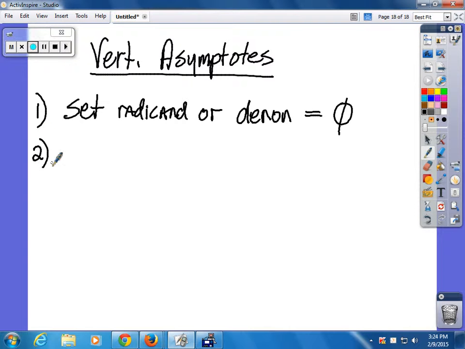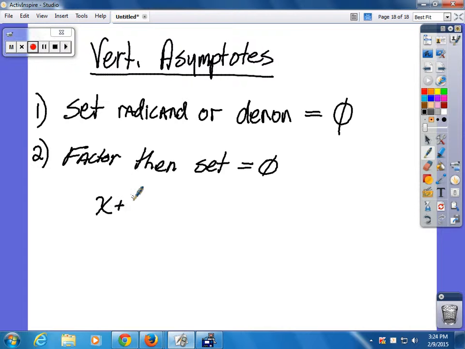Two, sometimes you will have to factor, then set equal to 0. Example, x squared plus 4x plus 4 over x plus 2 to the third power.